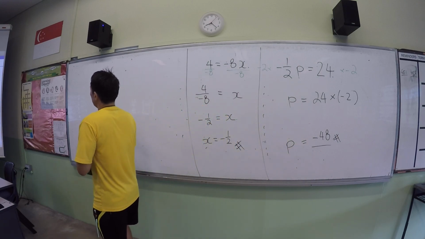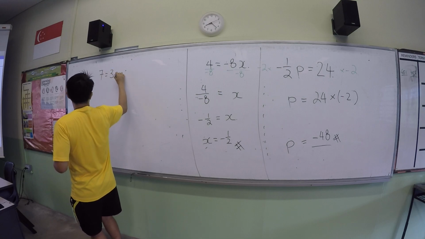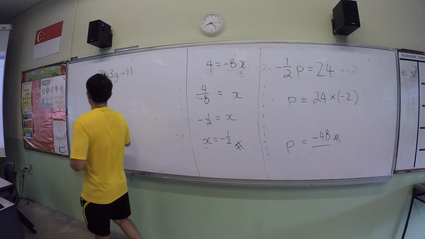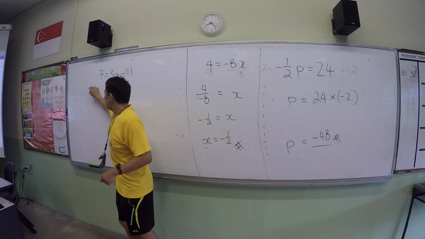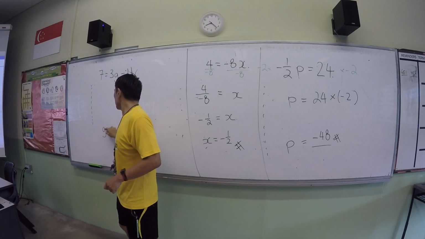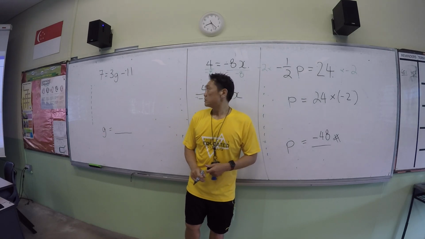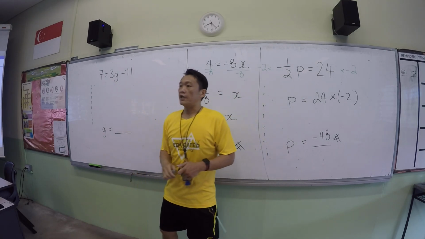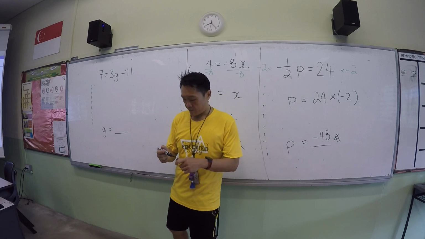Okay? Part D. 7 equals 3g minus 11. Same. Finally, the endpoint is the unknown equals to something. So that left and right, they are equal. Okay?